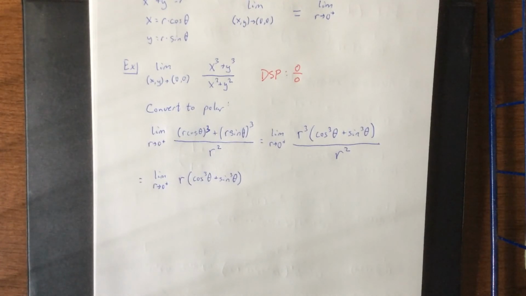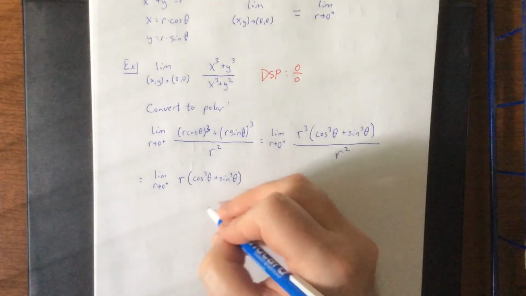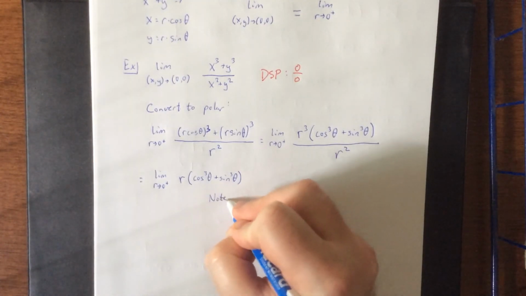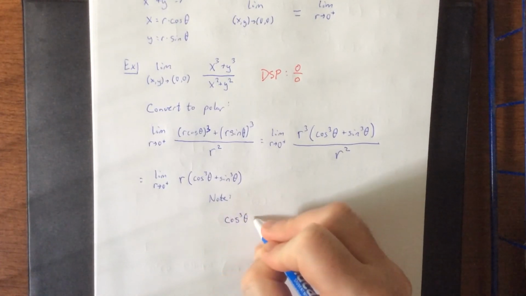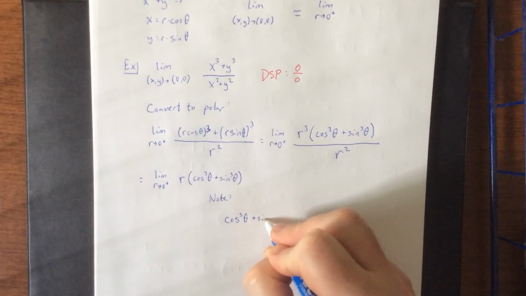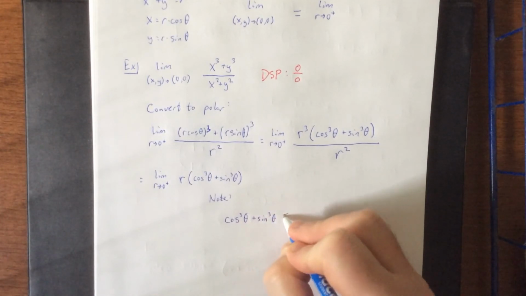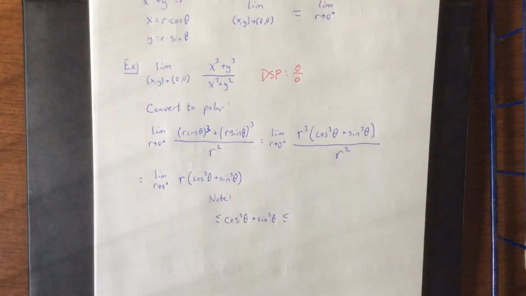Now here, in order to actually evaluate this limit, we are going to need to use the squeeze theorem argument. So I'm going to be even more liberal with the bounds on this than I have to.